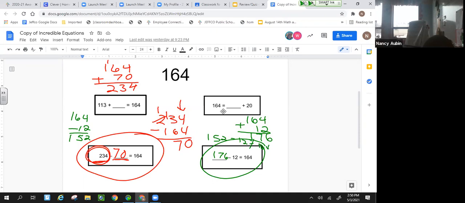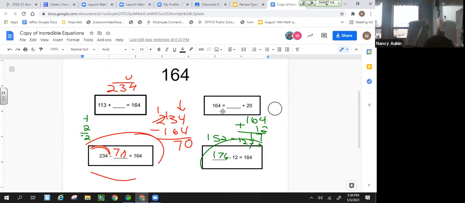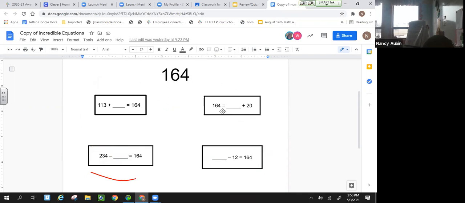So hopefully you figured out you had to add to get that one. Well done, Jensen. All right, so that is showing you that relationship again between addition and subtraction, not just with single digit, but with double digit, triple digit, that relationship still works.